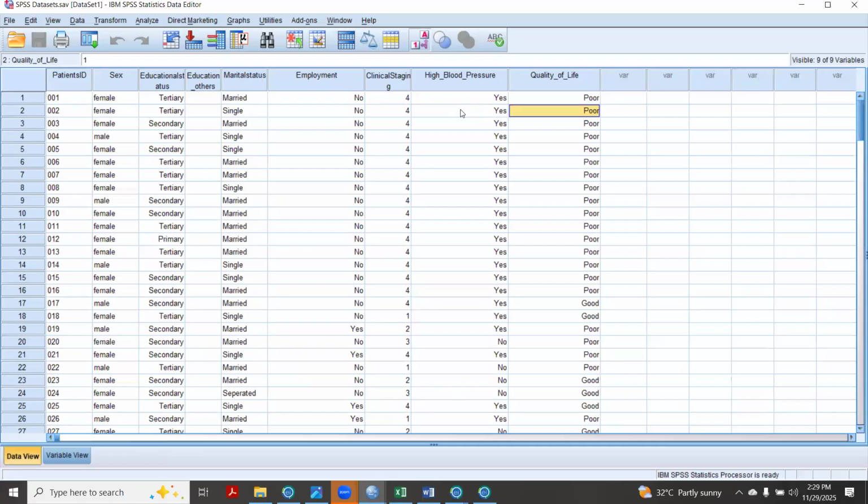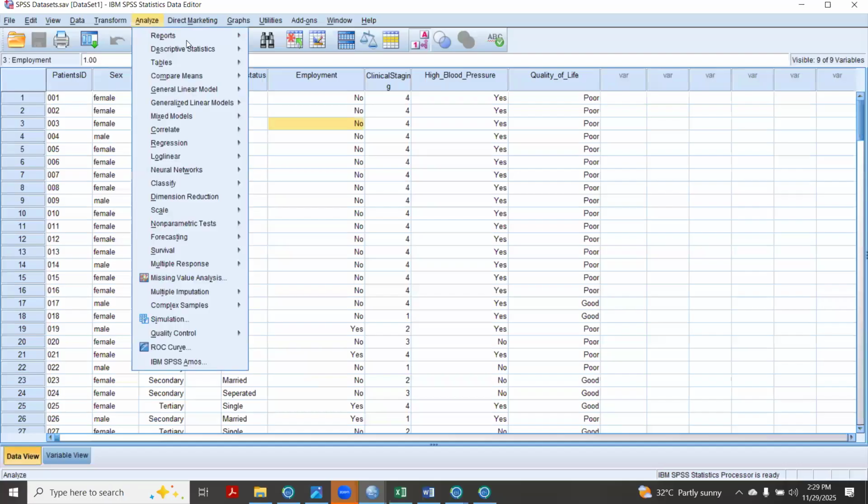But what if the high blood pressure was not really what is making them have this poor quality of life? What if it's because of their employment status? Maybe most of them that have high blood pressure were not employed. What if their educational level or their gender is influencing high blood pressure?